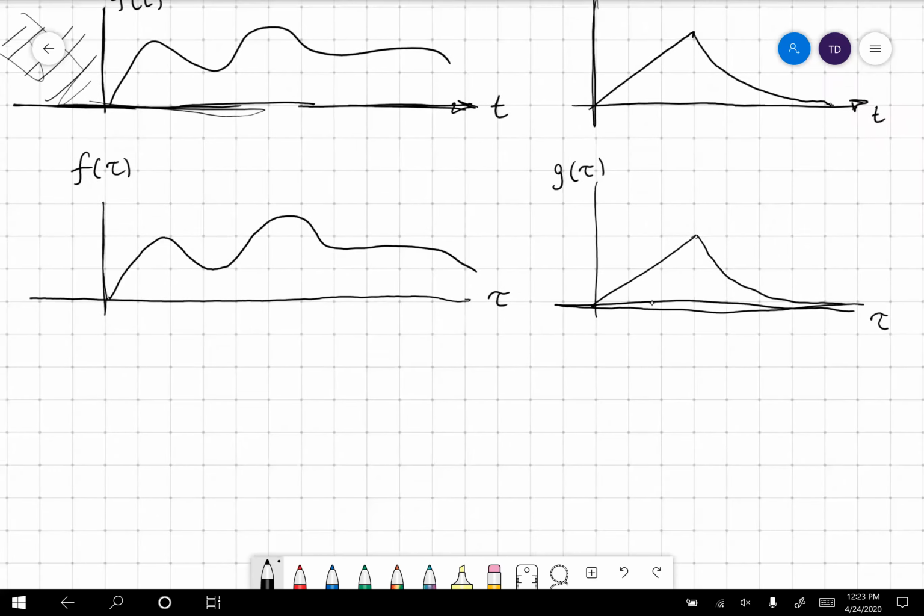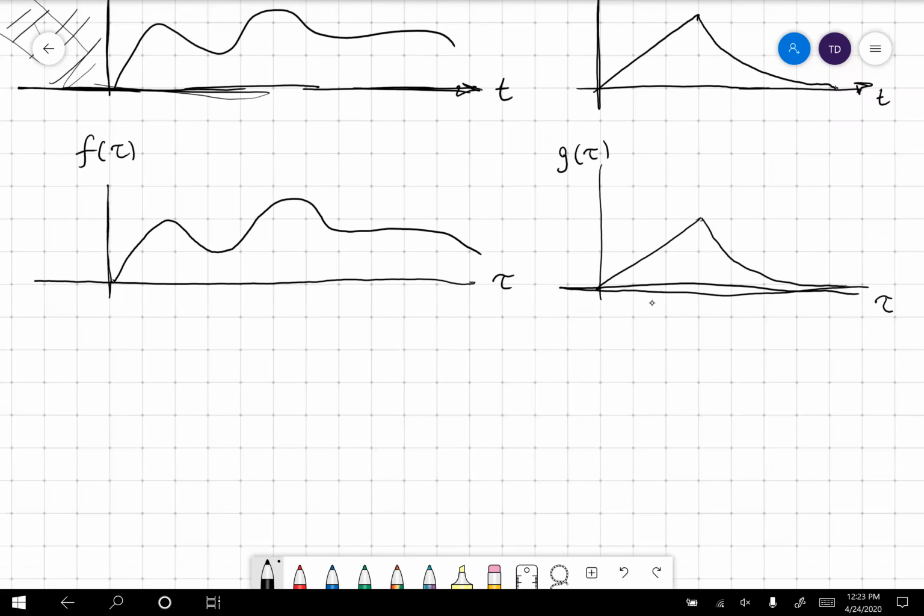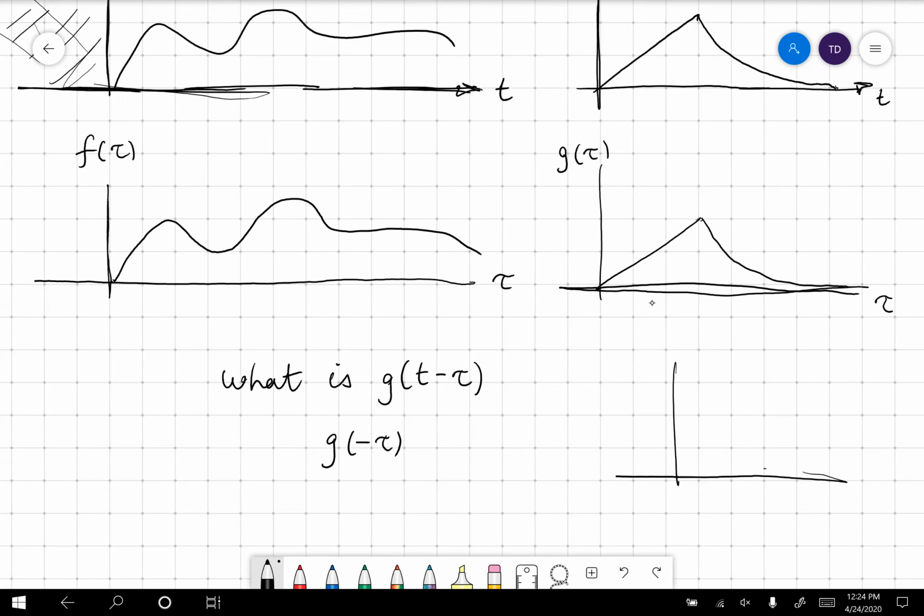Then, this is the real question I want to get to: what is g of t minus tau? Let's start this in steps. I have g of tau. Let's go to g of minus tau. I know you all know what happens with g of minus tau. It just flips along the y-axis. So this function is flipped over to this side.